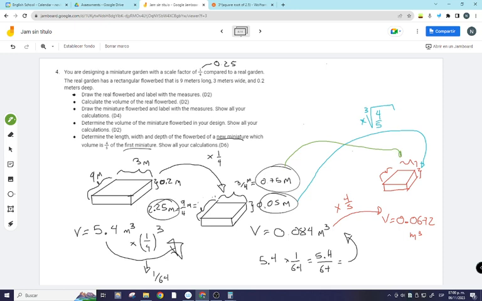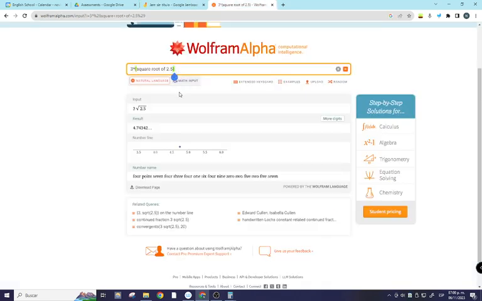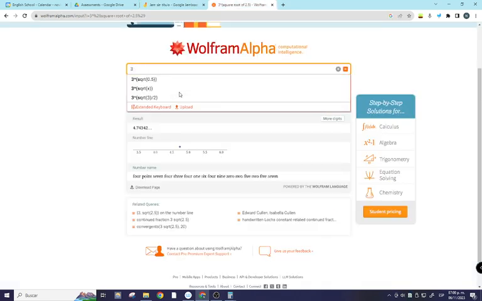Multiply by the cubic root of 4/5, this one multiplied by the cubic root of 4/5. So what's the cubic root of 0.8?